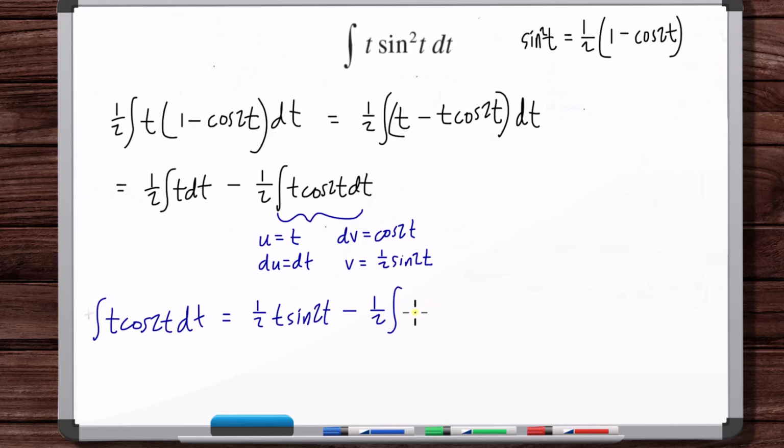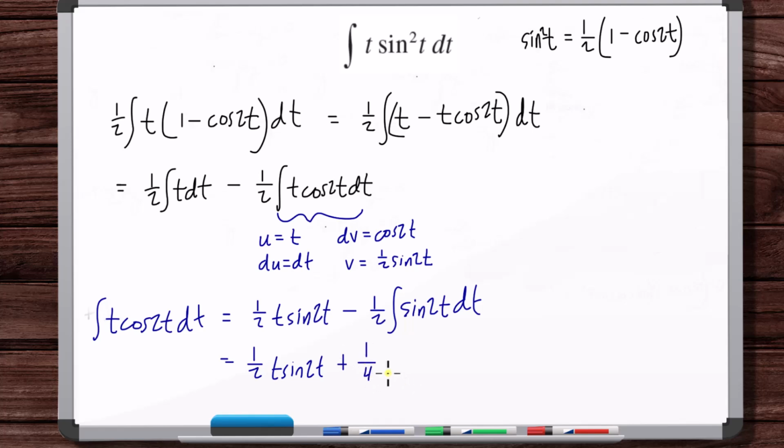Or no, okay, we're not going to end up with t. This actually simplifies. So we've got, and then the integral of sine 2t is minus 1/2 cosine 2t.